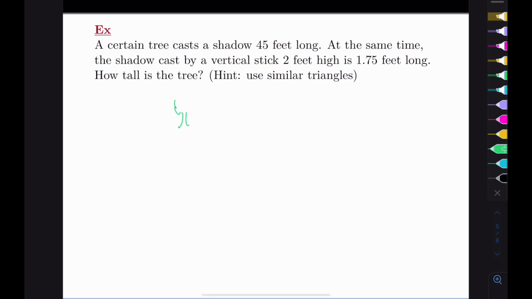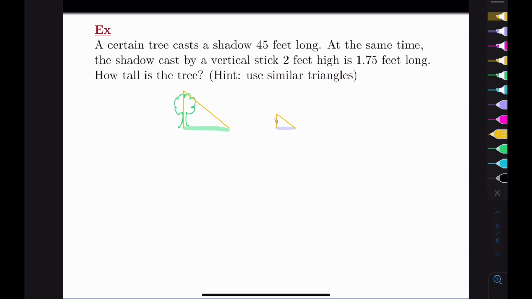We've got our tree, and it is casting a shadow. Then we also have a stick, and it is casting a shadow. So I'm trying to do that one a little bit exaggerated. Okay. And we're told to use similar triangles, so I'm actually going to create a triangle in each of these. Here's how tall our tree is, how tall the stick is.